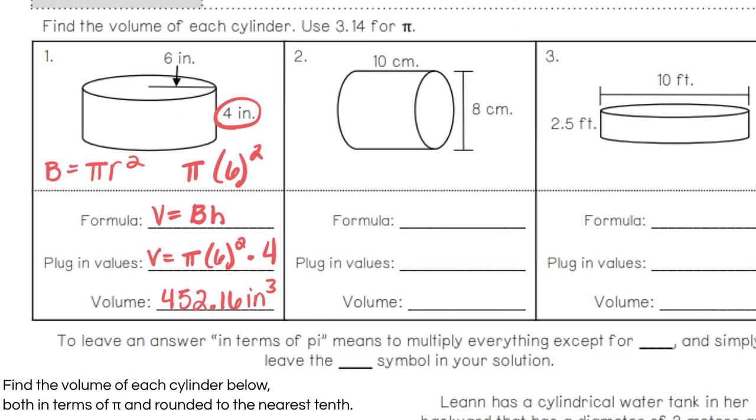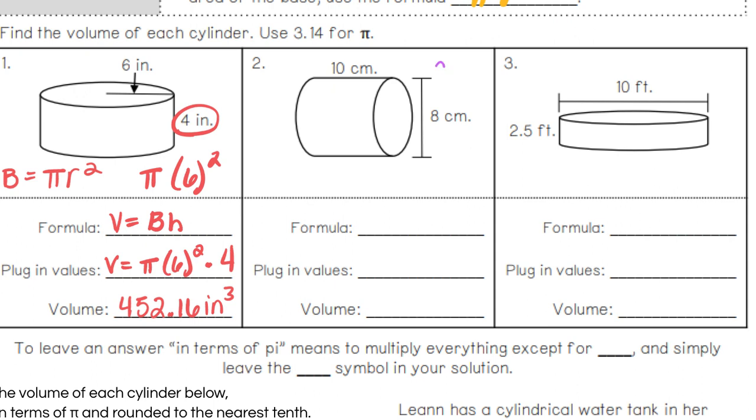All right, let's try the next one. If you notice, we're given a diameter. Our diameter is 8, but I really just need a radius. And so our radius is half of that, which is 4. And of course, our area of the base is a circle. So we're looking at pi r squared. So if I'm going to put all of this together, and we're talking about volume equals area of the base times height, we have volume equals pi r squared times height.